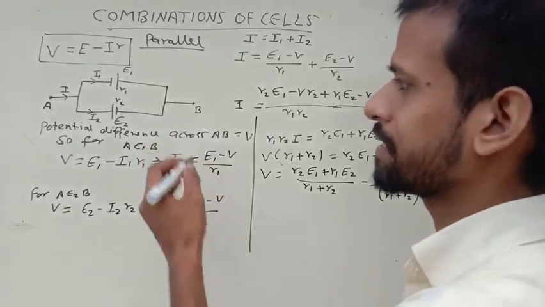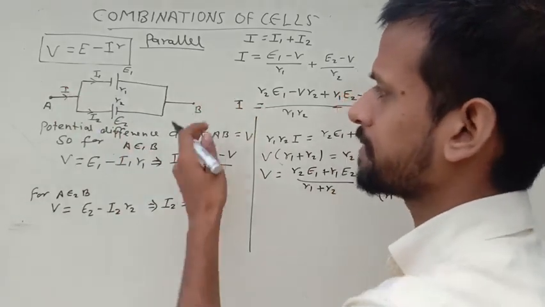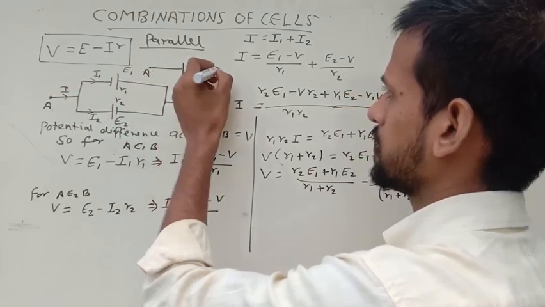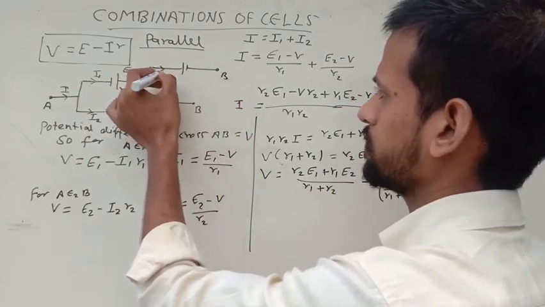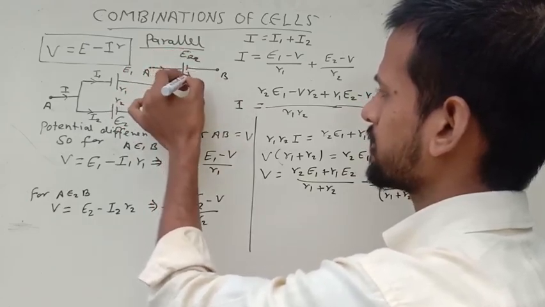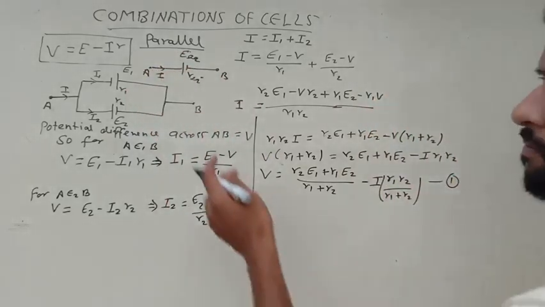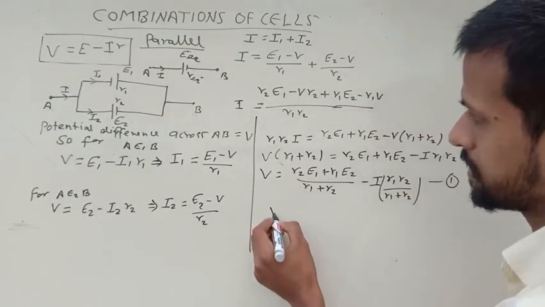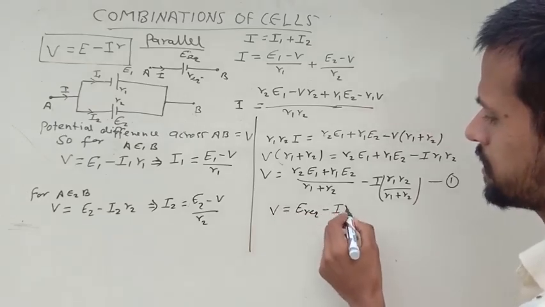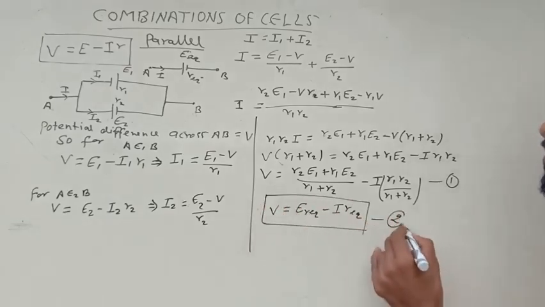Now let us consider a single cell between these terminals A and B, with current I flowing, EMF equal to E equivalent and resistance equal to R equivalent. So this is equation number 1, and for this equivalent cell, V is equal to E equivalent minus I R equivalent. This is equation number 2.